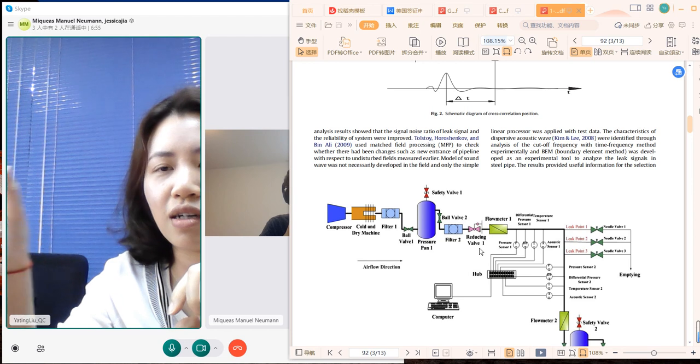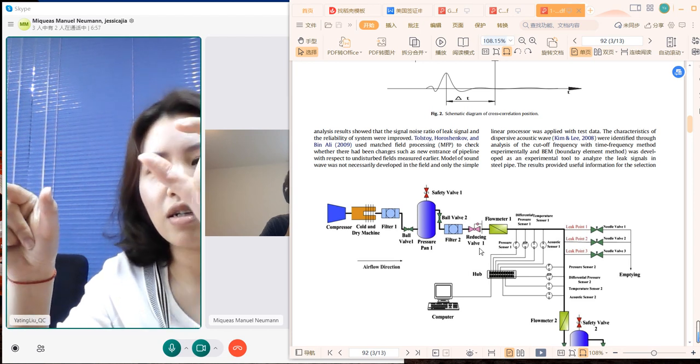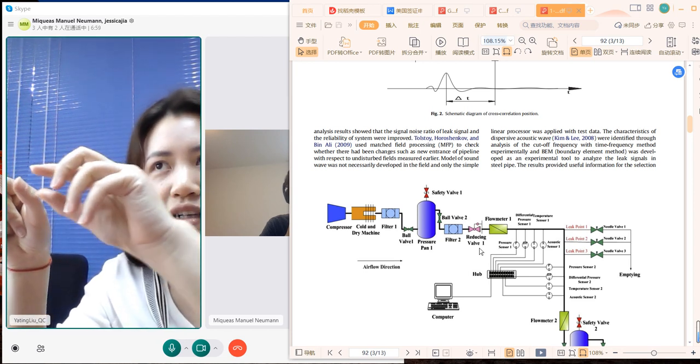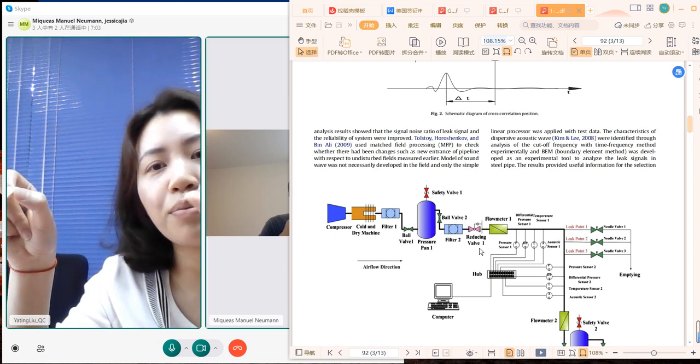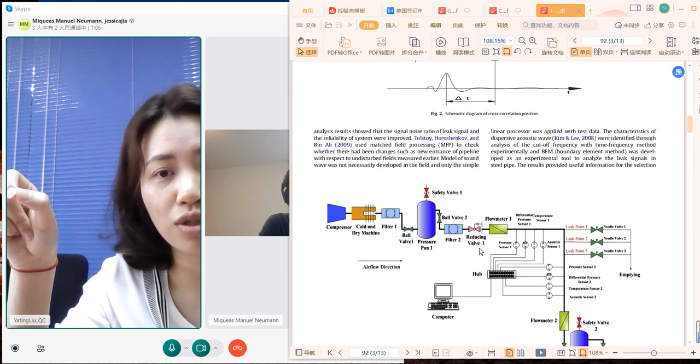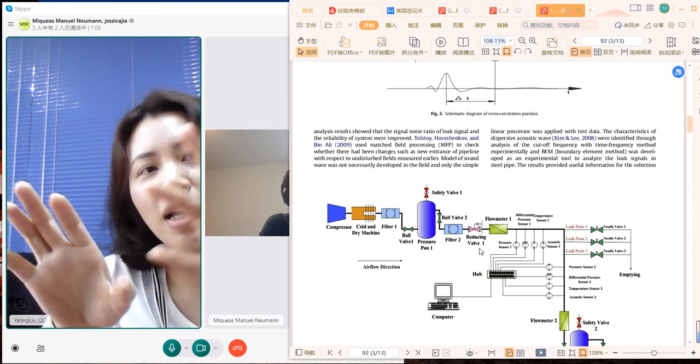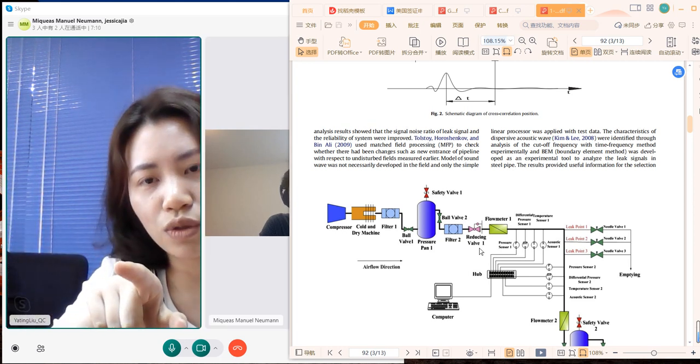It will be the AE sensor, and then it connects to a preamplifier, and the preamplifier can be external or internal, and then it connects to the DAQ module.